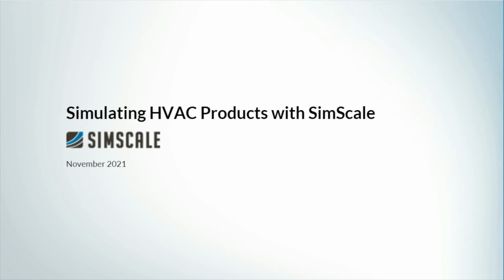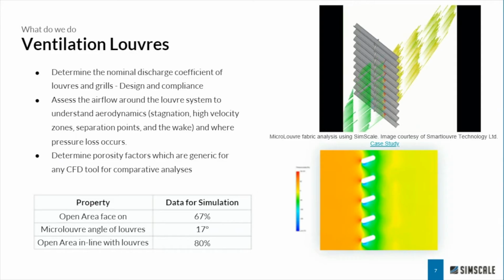Now let's have a look at a couple of examples of HVAC products and how they were optimized using SimScale. Here I want to first present to you smart louver technology. On the right side you see their micro louver fabrics, which is an innovative product that has been developed very recently.